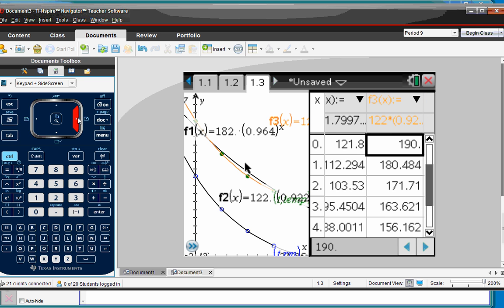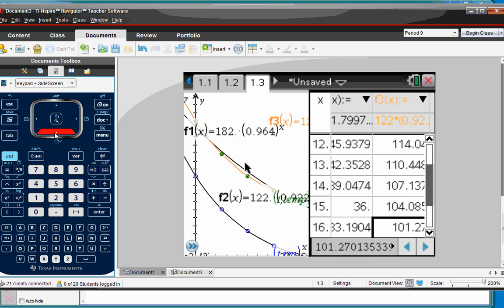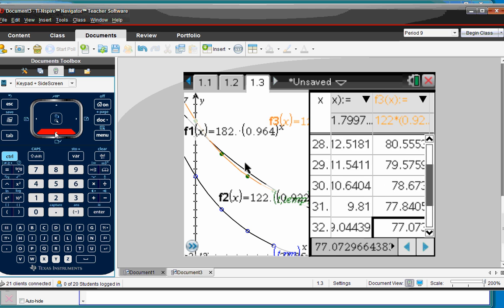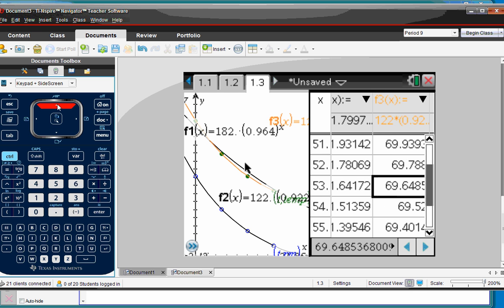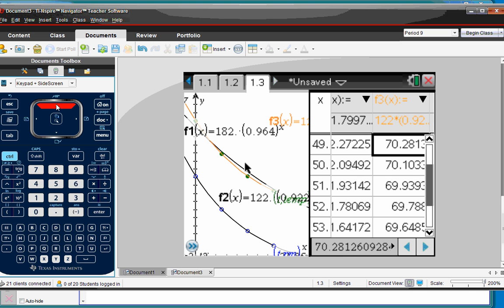I want to look at my F3, because my F3 is the function that is translated up 68 units to change my y asymptote. So how many minutes is it going to take for it to cool down to 68 degrees? You need to look at that y column until it gets to 68 degrees. How long is it going to take?